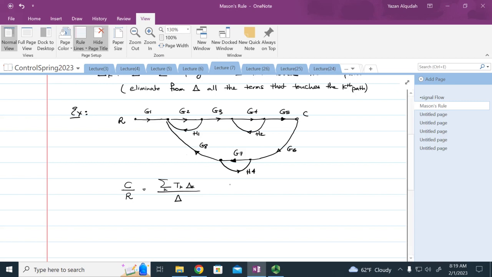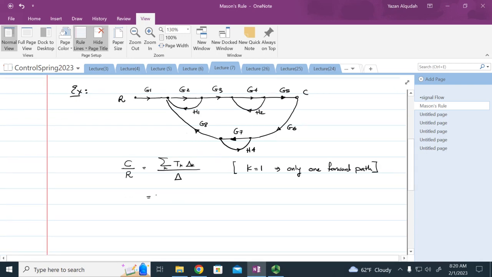Okay, so K is equal to 1 because we only have one forward path. And therefore, we can write this as T1 multiplied by delta 1 divided by delta.